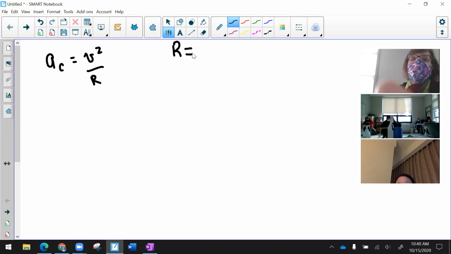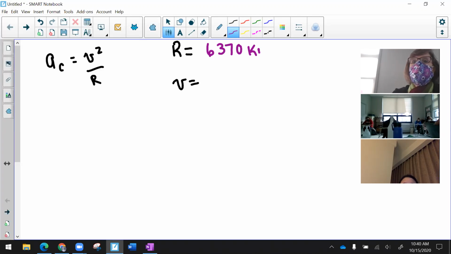So what's the radius of the Earth? Okay, so 6,370 kilometers, which I'm just going to convert to 6.37 times 10 to the 6th meters.